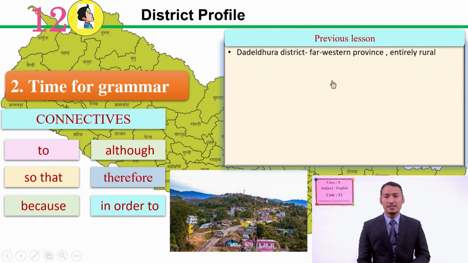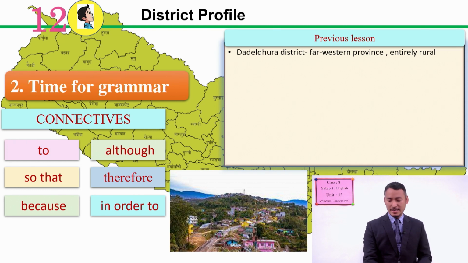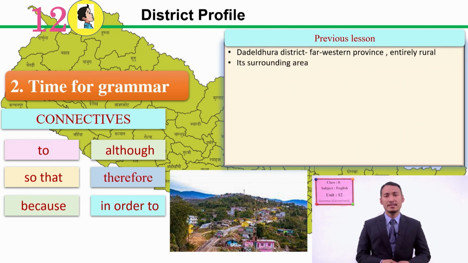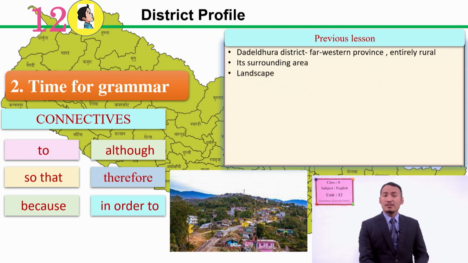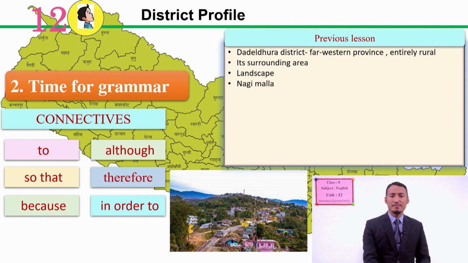It is in far western province, entirely rural, that is yet to be developed, and we learned about its surrounding areas like Doti and Kanchanpur and India. And we also learned about its landscape that is mountainous. You can remember from the previous lesson.